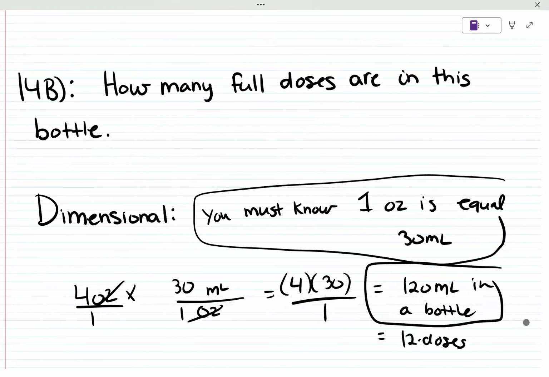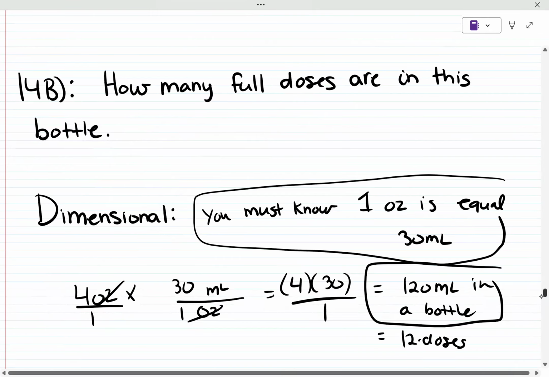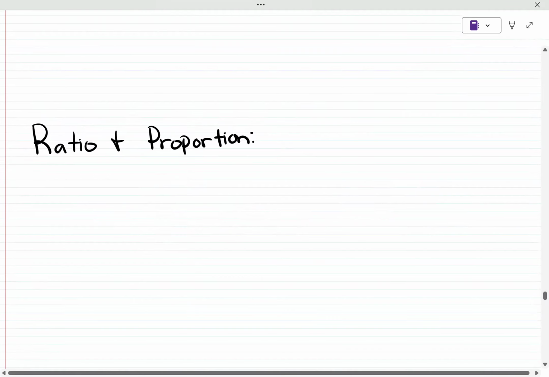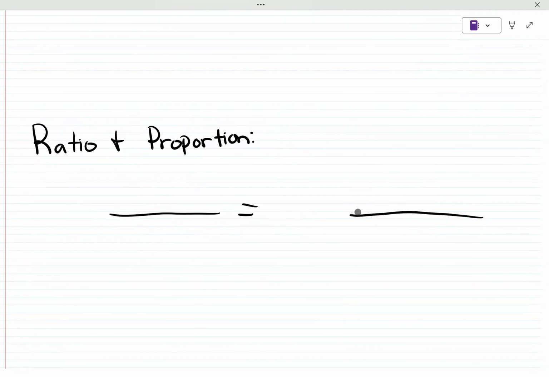Okay, let's do ratio and proportion. Put ounces on top, milliliters on the bottom.